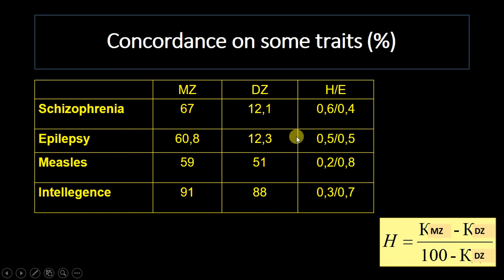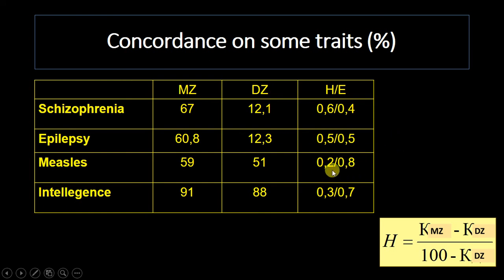And as a result, we see that the coefficient H is about 0.6, and we can conclude that schizophrenia and epilepsy are diseases, or traits, which depend on heredity and on the environment. In other words, we say that these diseases have a hereditary predisposition.